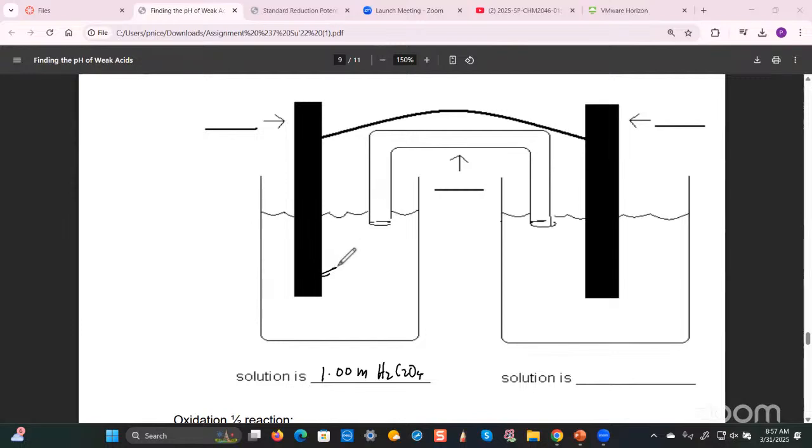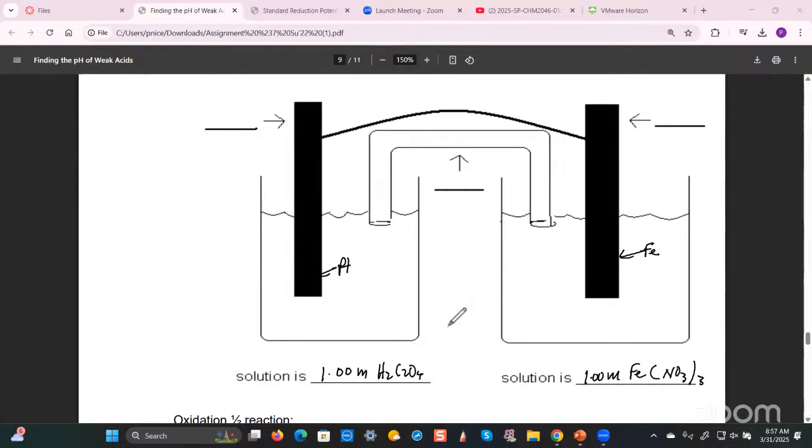So this is your platinum electrode. And on the other side, it says you have a solid iron electrode, right? Dipped in the 1.00 m iron 3 nitrate. So 1.00 m Fe(NO3)3, all right? And then it says, finish drawing the cell and label the anode, cathode, electrodes.